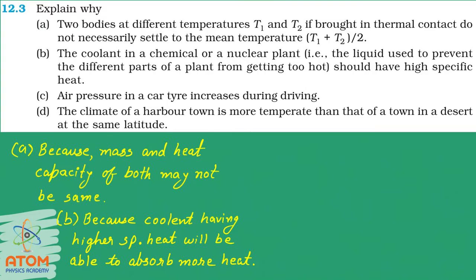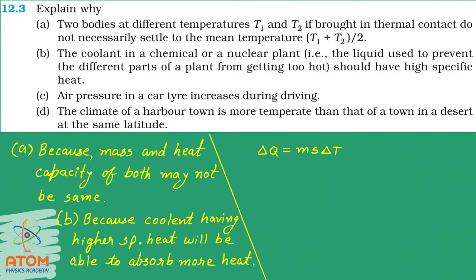If the liquid has more specific heat, then for the same change of temperature, it will absorb more heat, because you know the equation delta Q is equal to m s delta T. So if S is more, then the heat absorbed by the coolant from the plant will be more, and so it will behave as a good coolant.